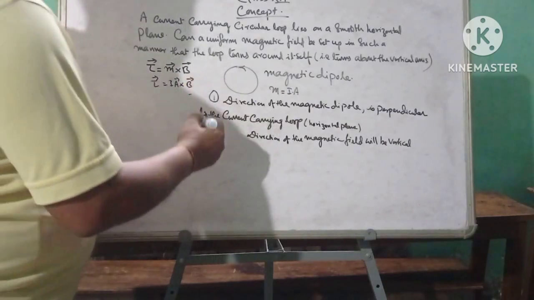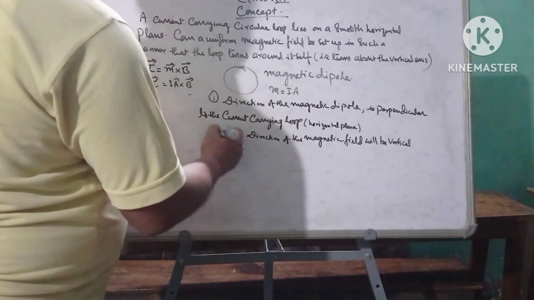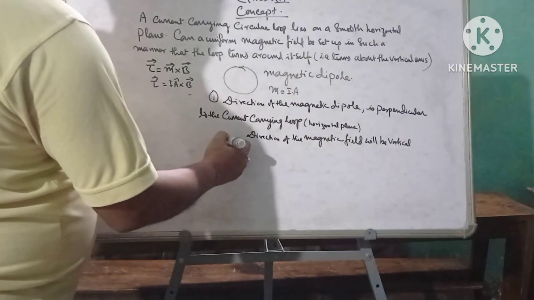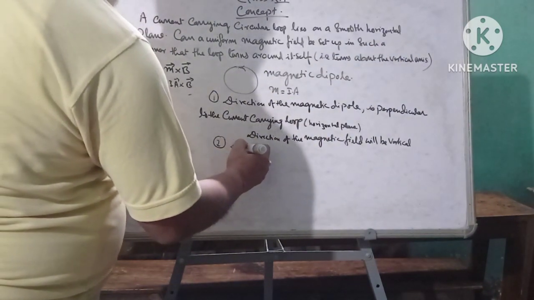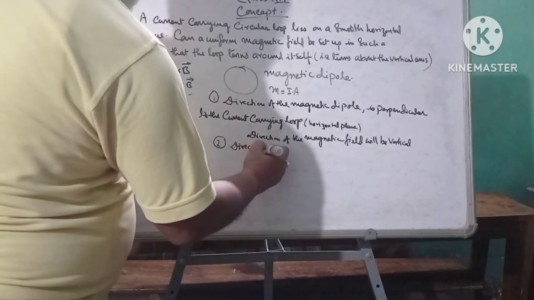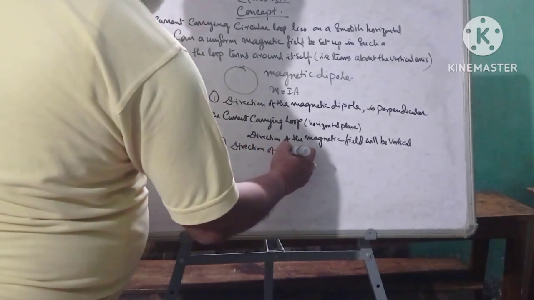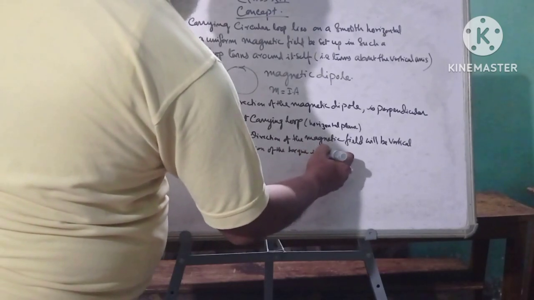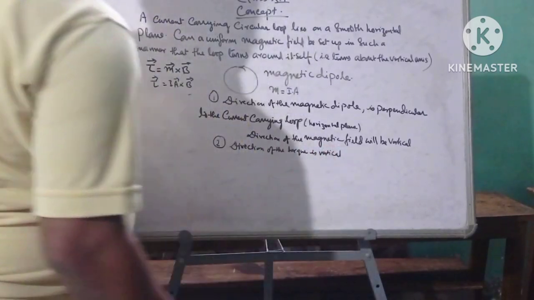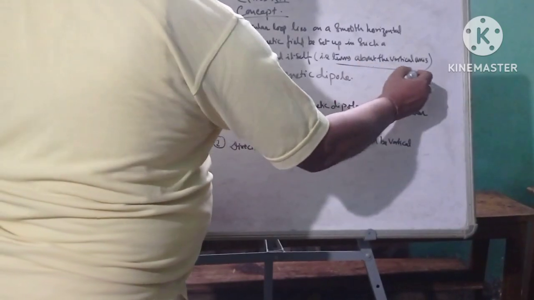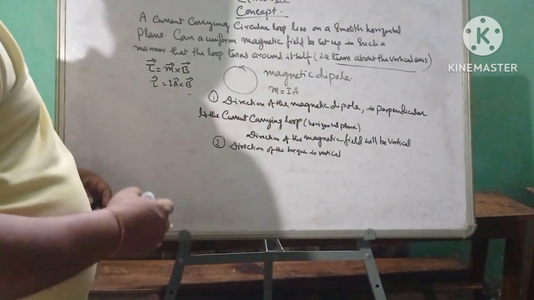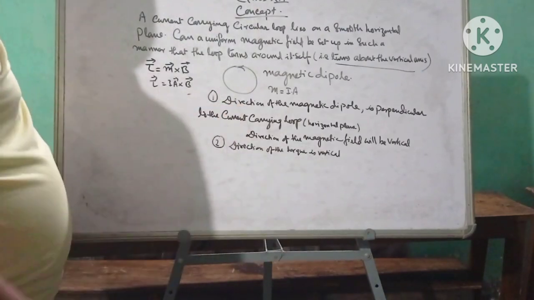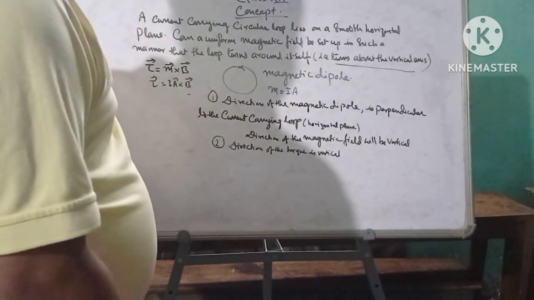But the loop has to turn about the vertical axis, so the direction of the torque will also be vertical, and the direction of the magnetic dipole is also vertical.